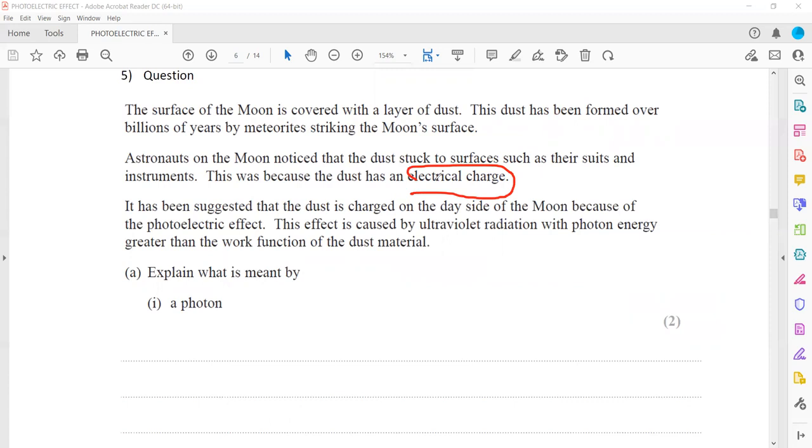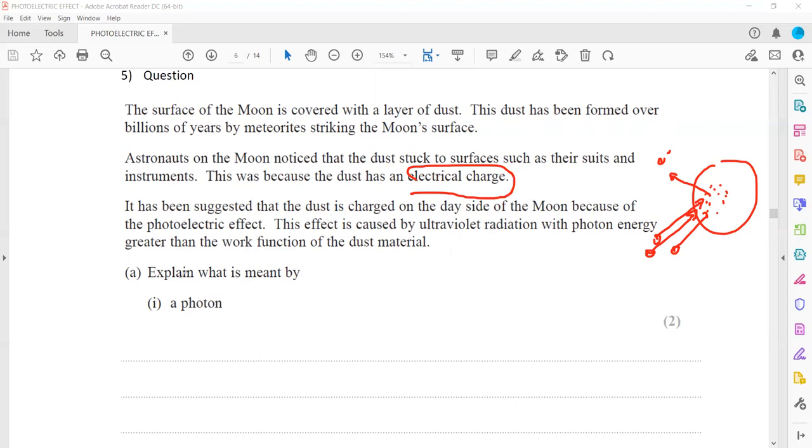It has been suggested that the dust is charged on the day side of the moon because of the photoelectric effect. So basically, what happens is the light falls on the dust particles and removes the electron out, and this is caused by UV radiation with a photon energy greater than the work function of the dust material, because this dust will have different metals also.